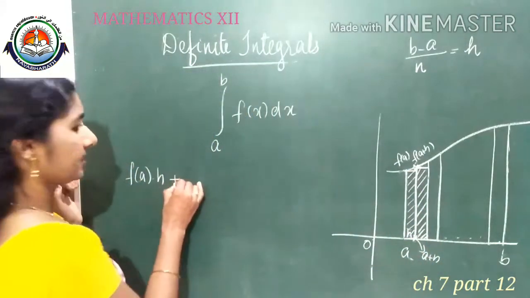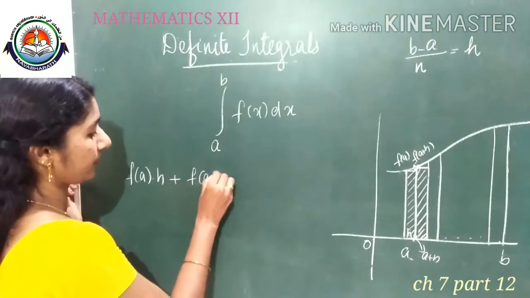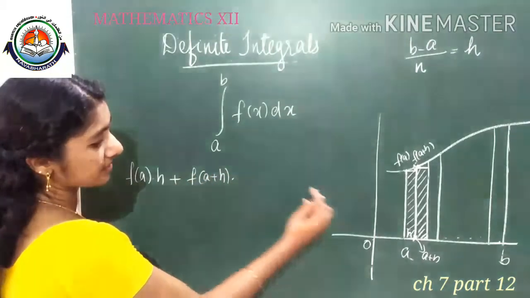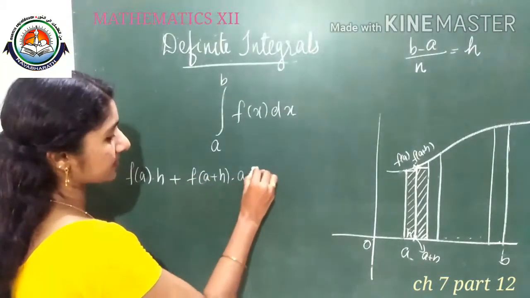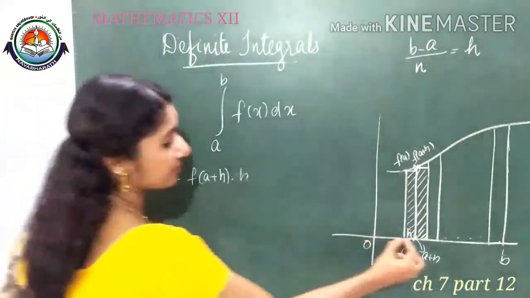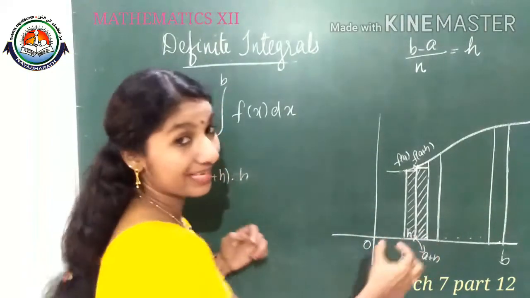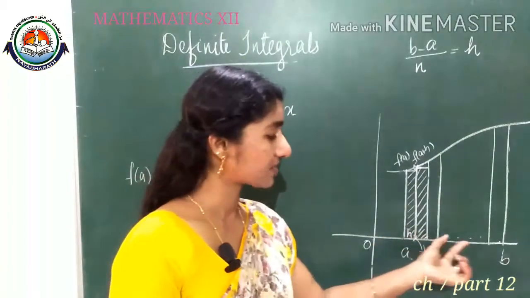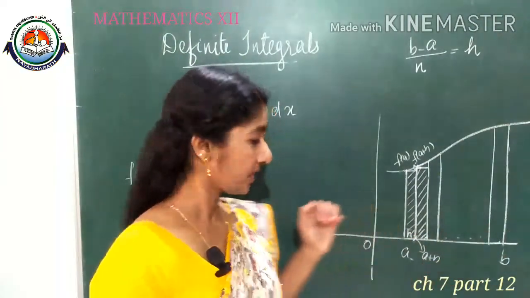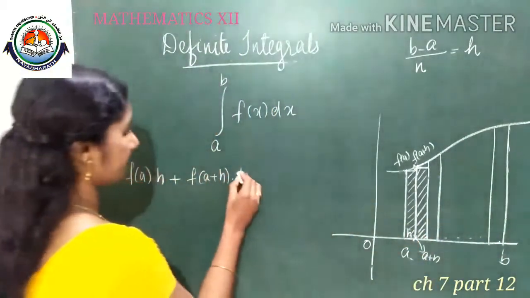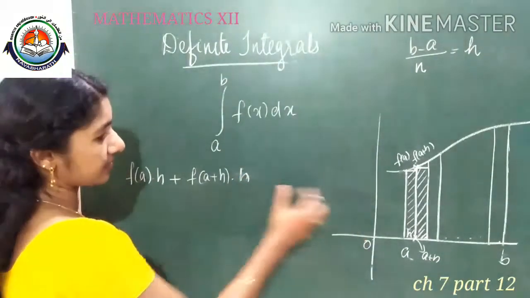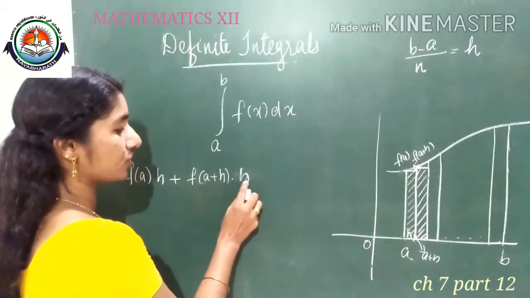What is length? Length is f of a plus h, into its width, which is h itself. See, for the second one, same width for all the strips, like that we have divided. So this is h. So second rectangle's area we got as f of a plus h into h.